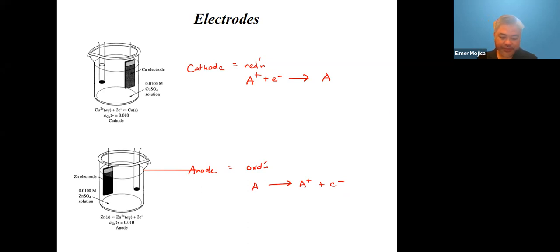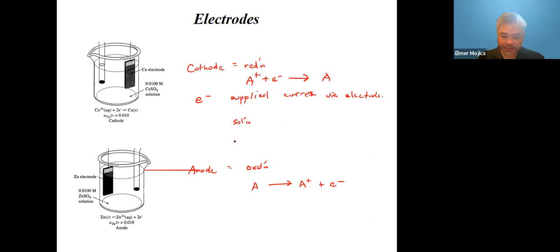Okay? So, whether you have a cathode or what we call an anode, okay, what happened here is the electrons that you have in the anode, it can be supplied by current via electrode. Okay, so the species that you have here, products and reactants, can both be in solution.